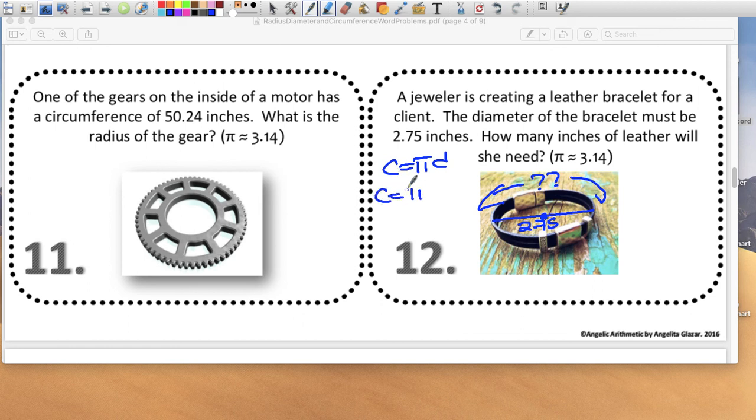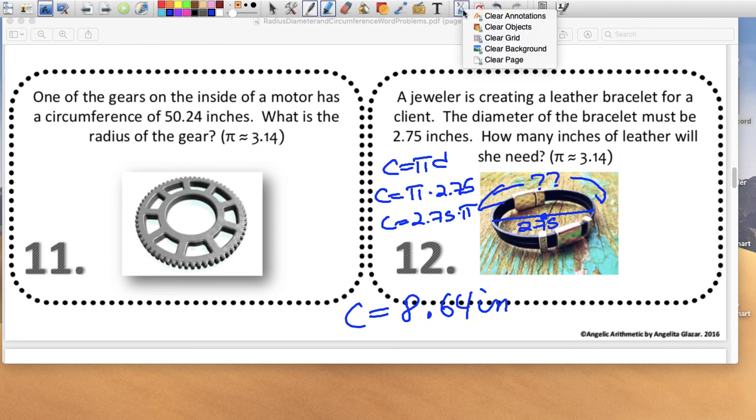C equals pi and the diameter is 2.75. C equals 2.75 times pi. Enter. C is going to be 8.64 inches. So she's going to need 8.64 inches of leather to do this. Okay.